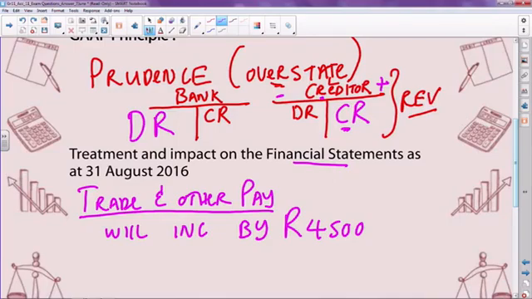Now let's look at bank. Remember, at the moment, bank is a liability because bank is an overdraft. Because bank is an overdraft, when we debit bank, we will now decrease our liability. It must seem as though we never issued this check in terms of the balance sheet.